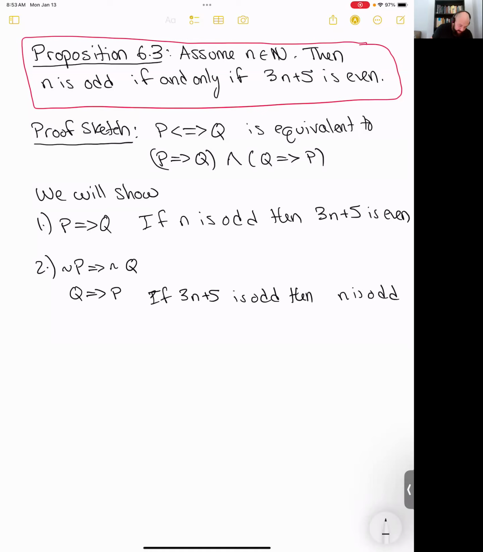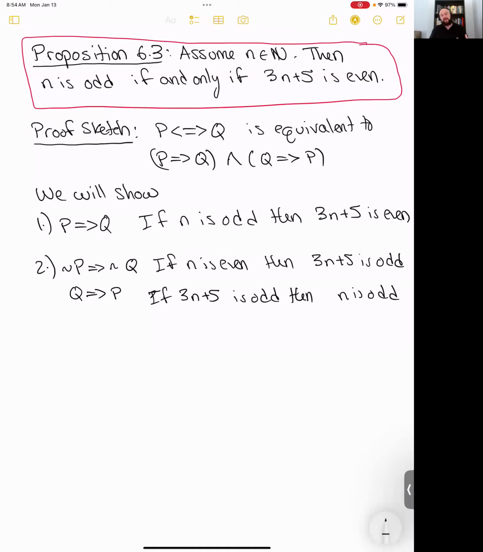But the contrapositive of that is that if n is even, then 3n plus 5 is odd. And again, the idea here is that it's simpler when you're doing this odd even stuff to know that n by itself is odd or even. Then you know that n is equal to 2k if it's even, or n is equal to 2k plus 1 if it's odd.